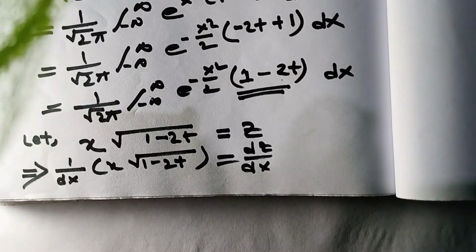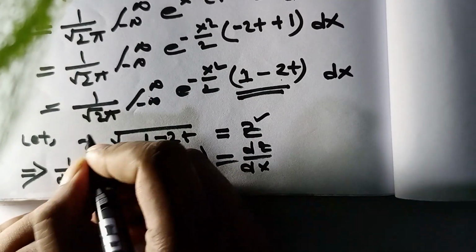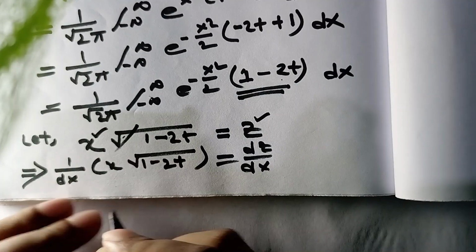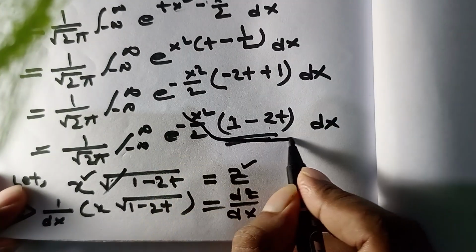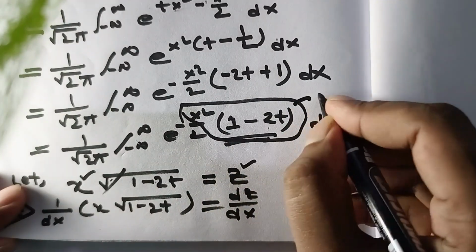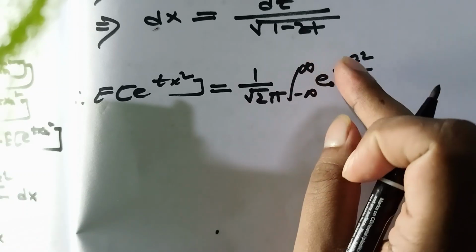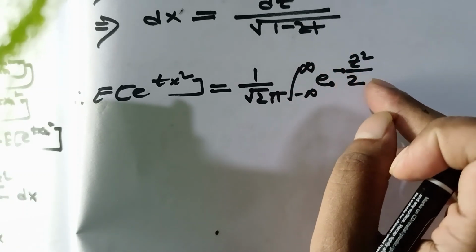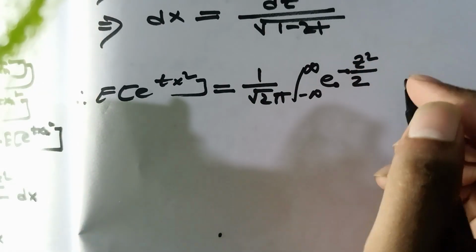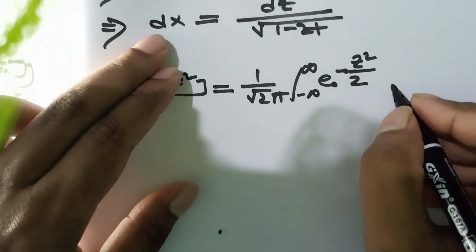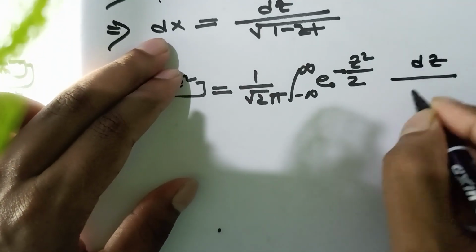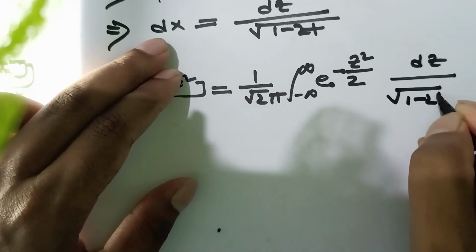See here, if I square it, the root will be cancelled, and this whole thing can be replaced by z square. That is why I write x square times (1 minus 2t) is equal to z square. And I have already said that dx is equal to dz divided by root over 1 minus 2t.